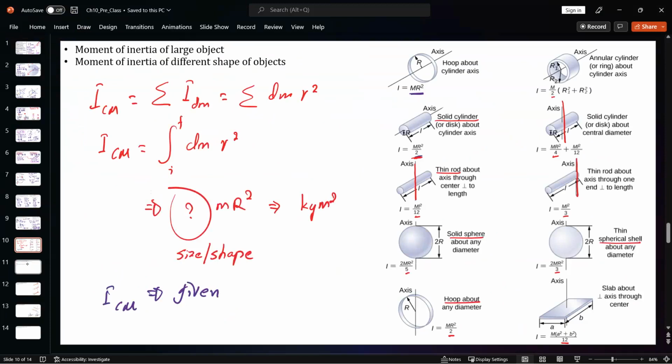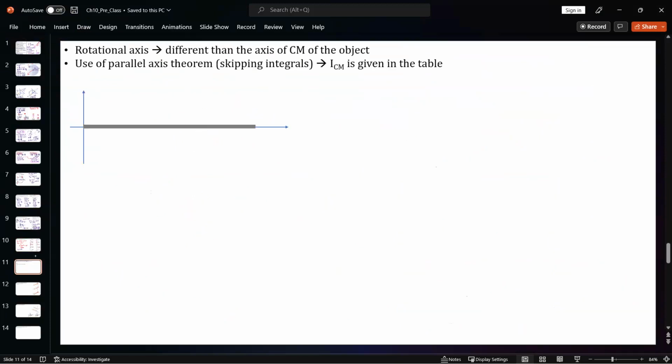But the problem is that when the object is rotating, it can rotate by fixing various points. For example, let's consider the same rod, with X and Y axes. We know the center of mass is somewhere here, and the center of mass axis passes through there, but the object has a different point fixed here.